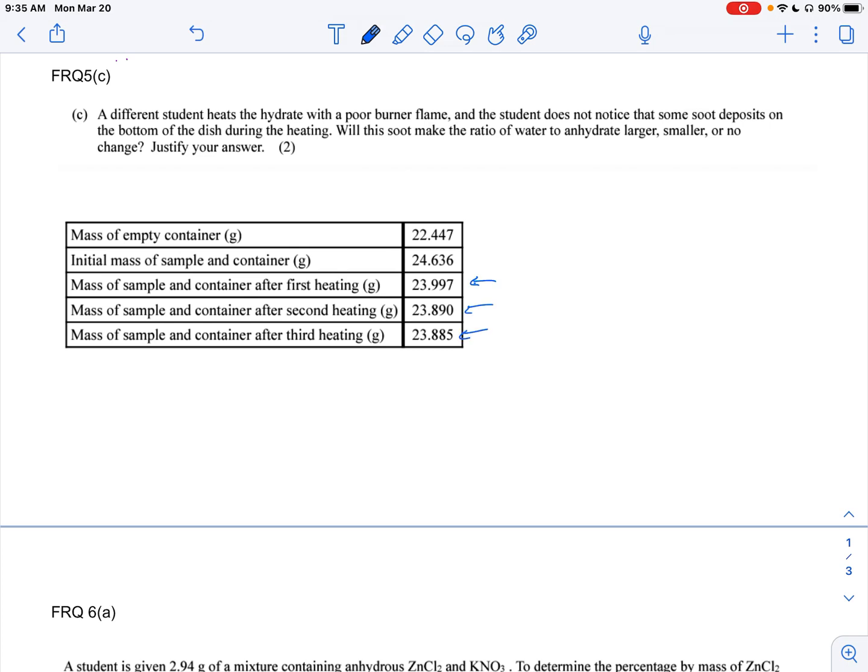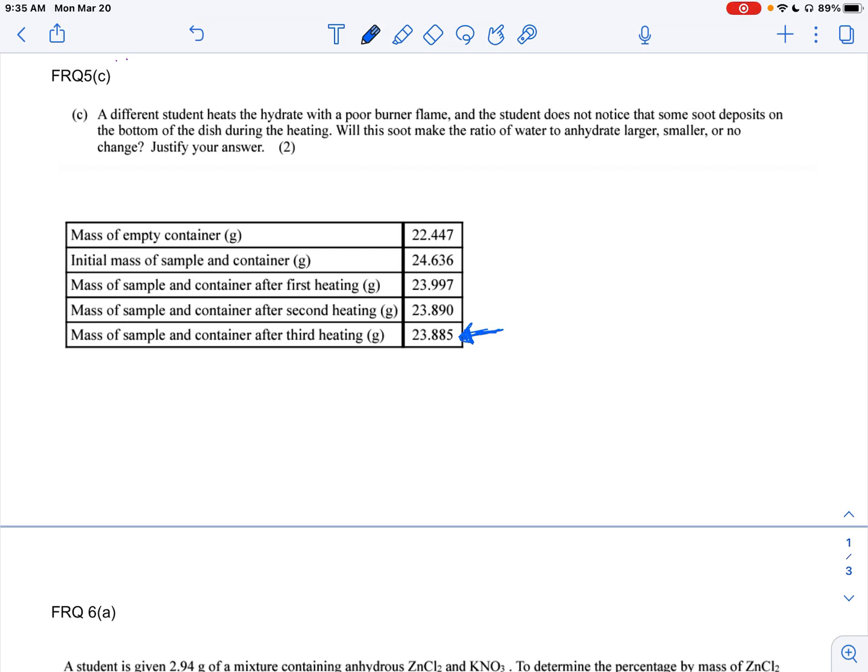Those could be affected. Okay, so now go back up to the earlier parts of the question, A and B, and see which of those numbers you actually used. You used the last one. Okay, so this is the number that you used that's going to be affected. So that's the first step. Figure out what number is going to be affected.